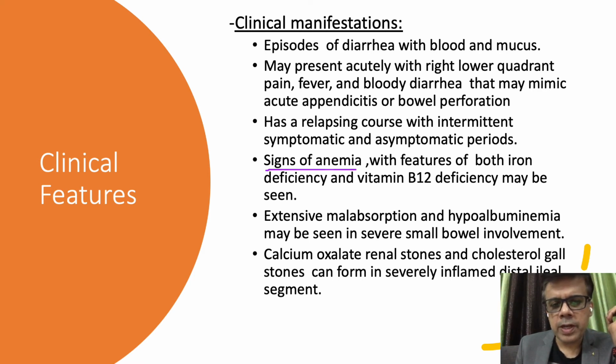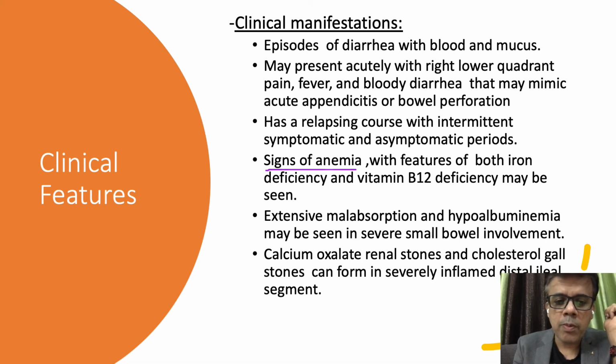Calcium oxalate renal stones and cholesterol gallstones have also been found in increased number in patients affected by Crohn's disease. This is believed to be due to increased oxalate absorption from the inflamed mucosa because of defective bile salt absorption from the inflamed ileum, which results in free fatty acids, and these free fatty acids combine with calcium, which is normally combined with oxalate in the lumen.